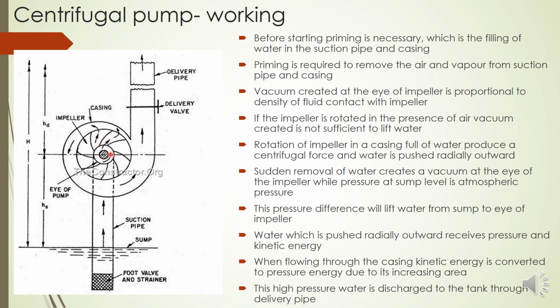The water gets pulled and its removal creates a vacuum pressure, so again it will suck water. And this radially outward water goes through the casing where the area is increasing, kinetic energy decreases, pressure energy increases, and it is lifted to the tank.